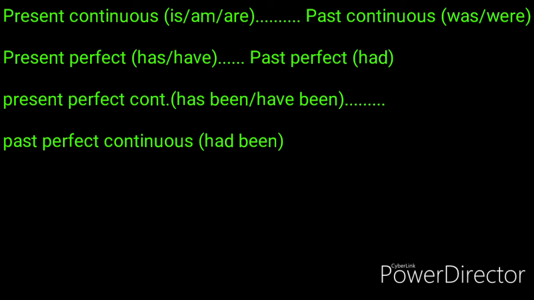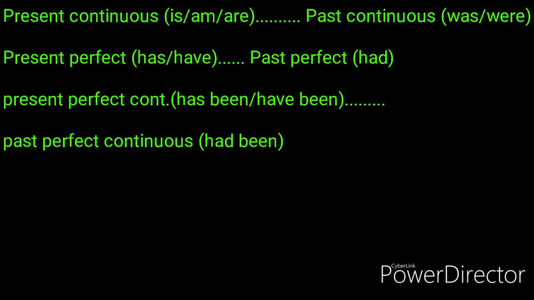Present continuous tense. The helping verbs of present continuous tense are is, am, and are. Present continuous tense is changed into past continuous tense. Means is, am, are changed into was or were.